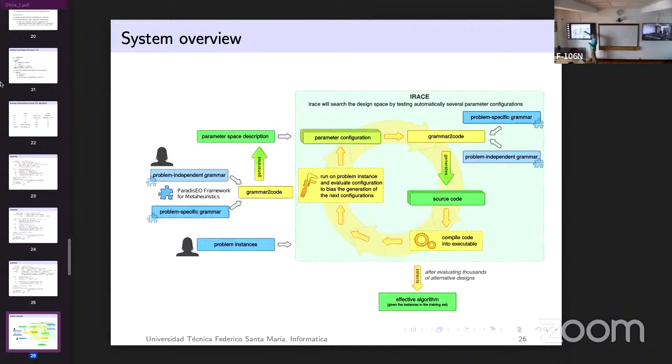You take again the grammar to code in the opposite direction. You generate the source code, compile the code into an executable, run it on some problem instances and evaluate it. And then this goes on and on, and in the end, one has an effective algorithm. So this is roughly how it works.